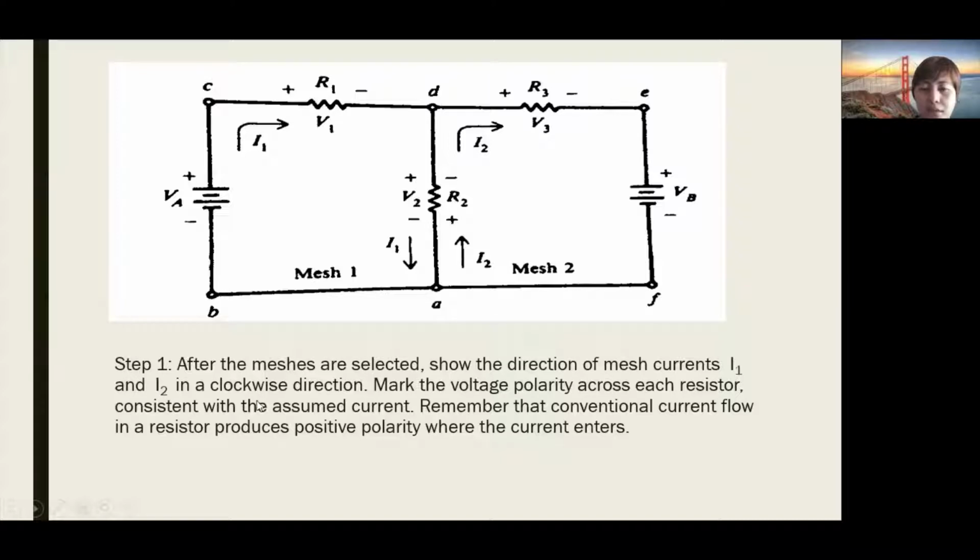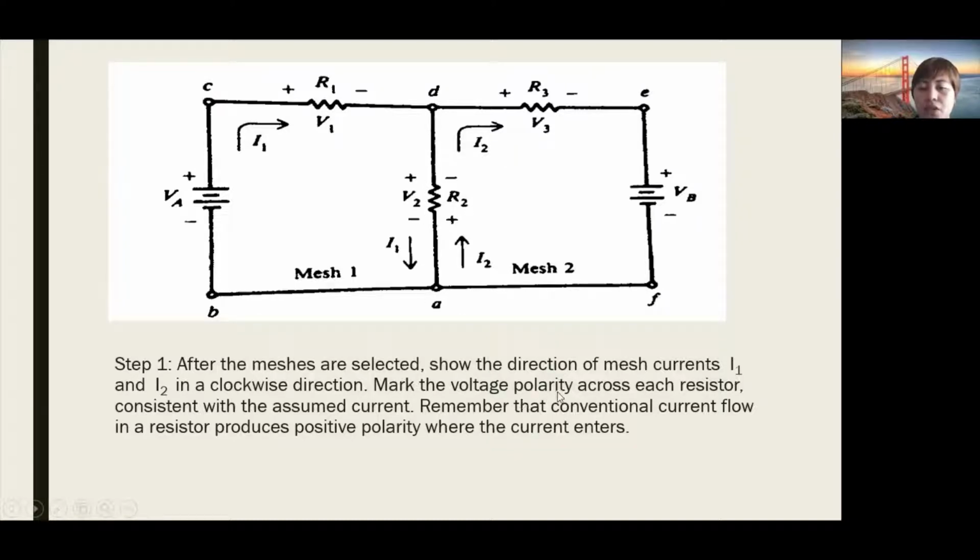Step 1: after the meshes are selected, we already have mesh 1, A, B, C, D, and mesh 2, A, D, E, F. Show the direction of mesh currents I sub 1 and I sub 2, in a clockwise direction.